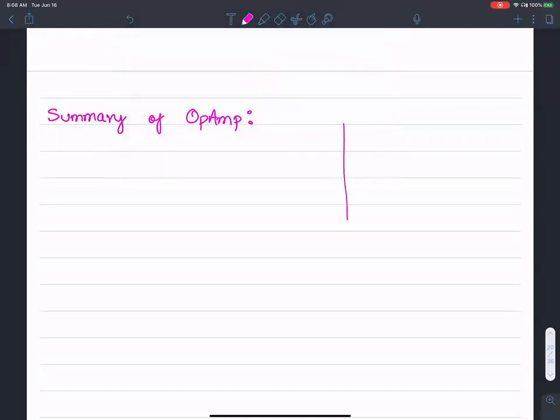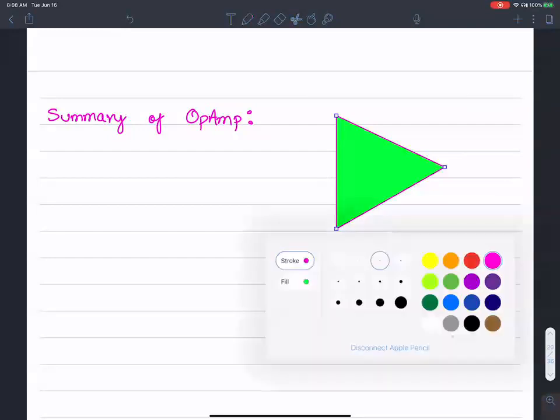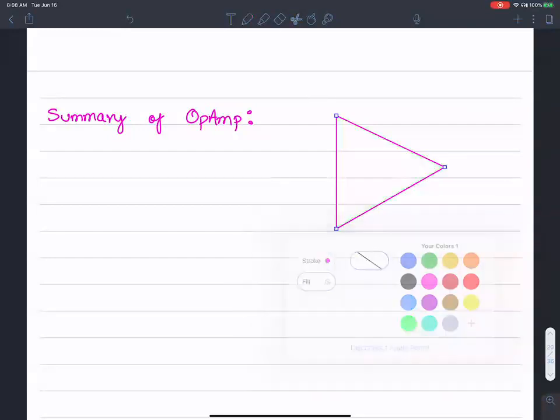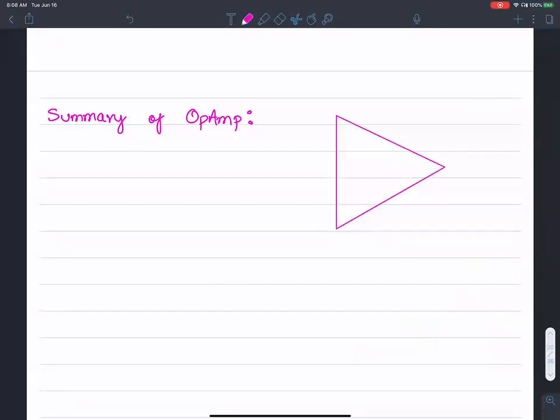It's a 3-terminal device. Sometimes it's 4 terminals, but for our purposes, we simply think of it as a 3-terminal device. There's an inverting terminal, the negative terminal, a non-inverting terminal, the positive terminal, and then there's the output.